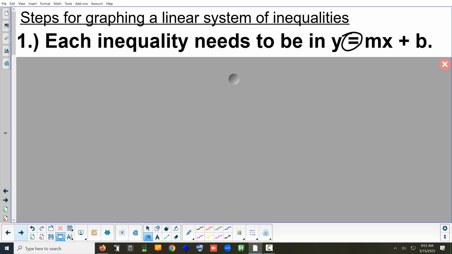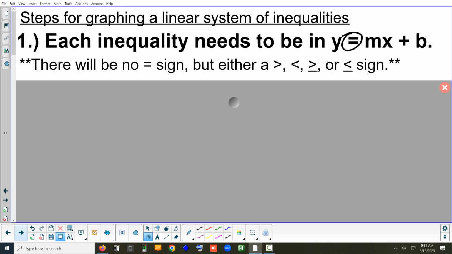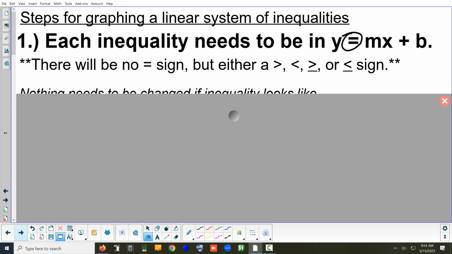It's going to be either a less than, a greater than, less than or equal to, or greater than or equal to. But it has to be the y and then the mx plus b on the other side. It says that right below in your guided notes. There's not going to be an equal sign, but it'll be one of those 4 symbols.